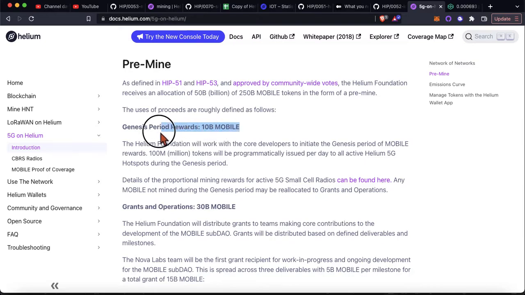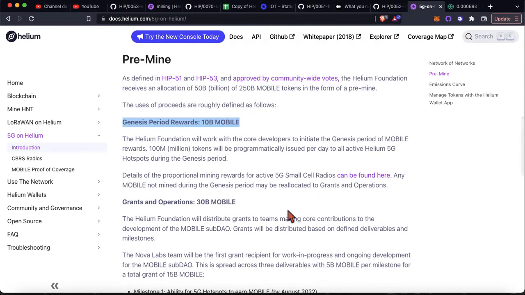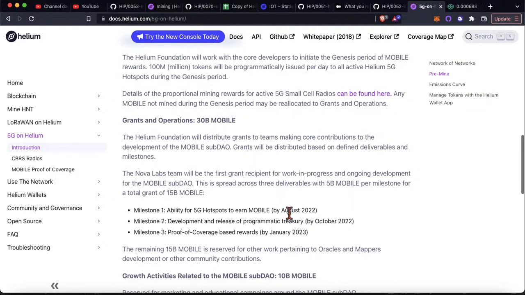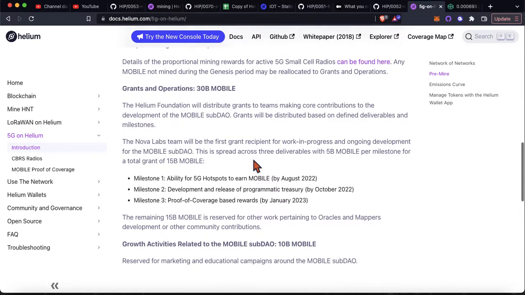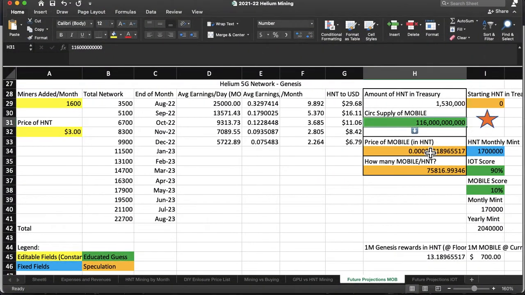The Genesis period just got extended. So they're going to pay out this 10 billion mobile and then start pulling from this 30 billion mobile to keep paying miners to stay online for now. So again, this might not be 116. Maybe this is, I don't know, closer to 76,000.